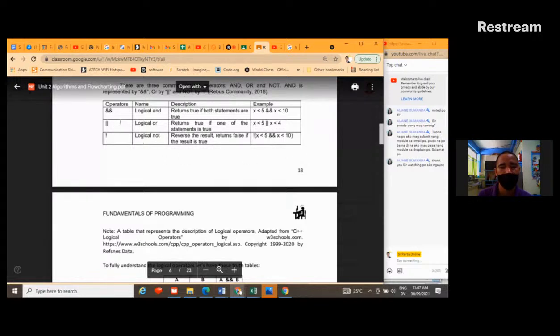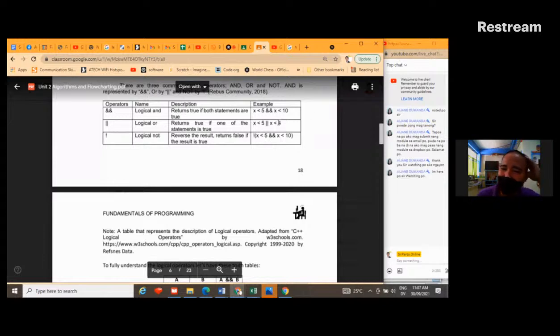So as you can see, these are the operators, the logical operator and the description. AND returns true if both statements are true. Let's say, for example, x is less than 5 and x is less than 10. It returns the value of true if and only if x is, for example, 3.